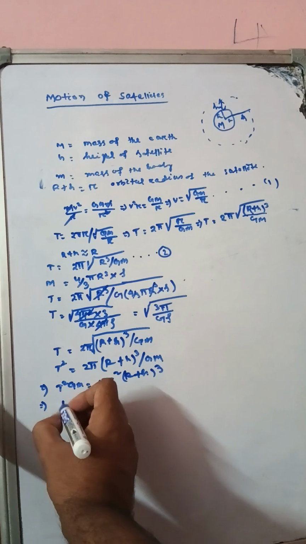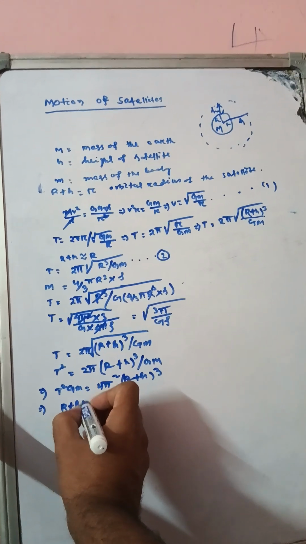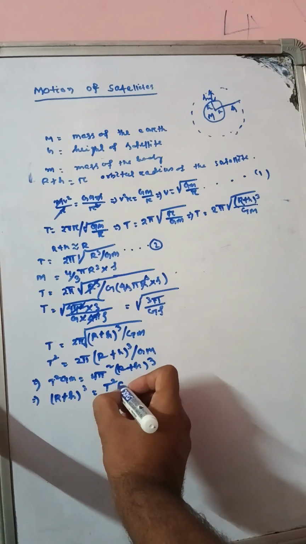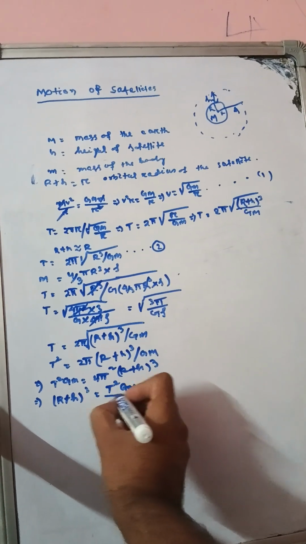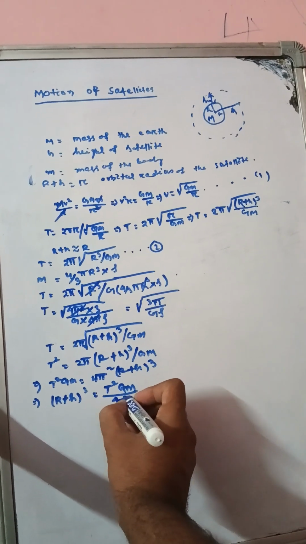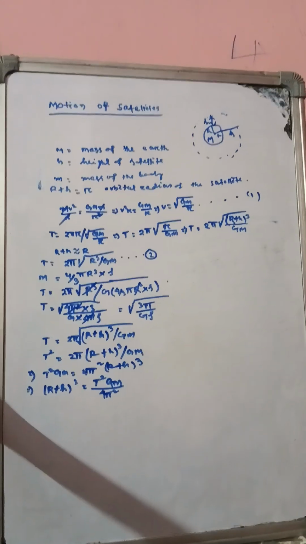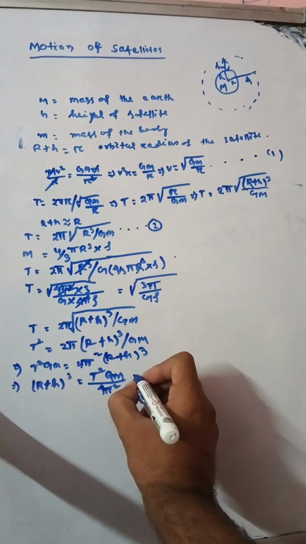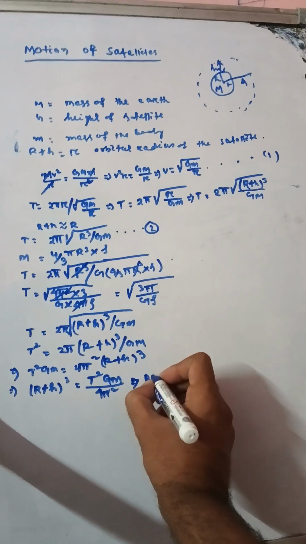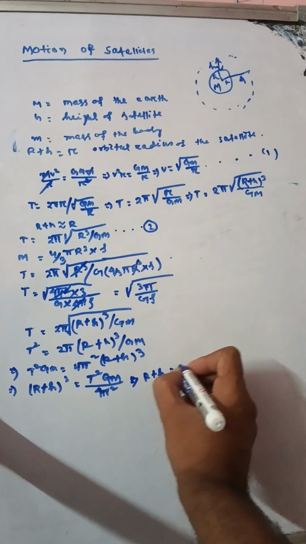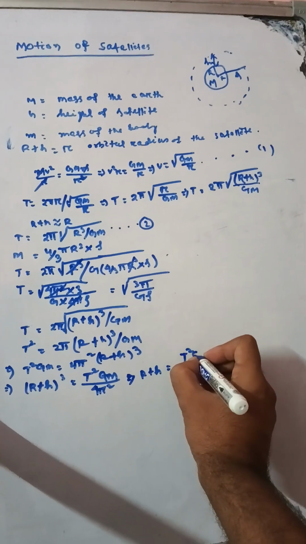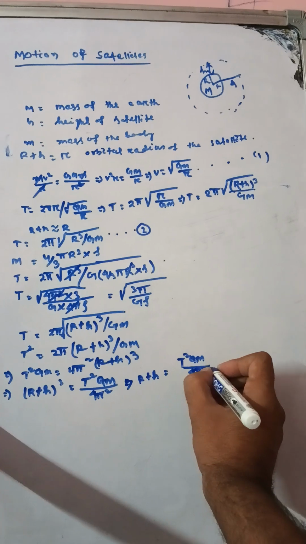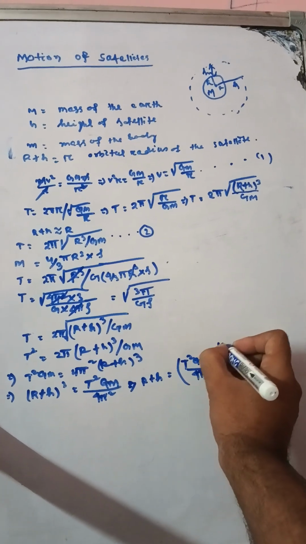This implies that (R plus h) whole cube is equal to T square GM divided by 4 pi square. Clear? Then this implies that R plus h is equal to T square GM divided by 4 pi square whole to the power 1 by 3.